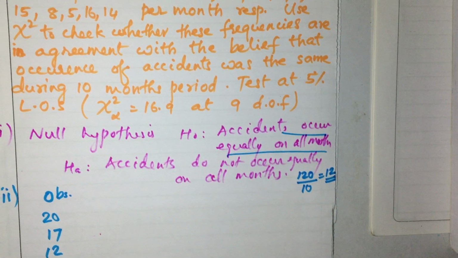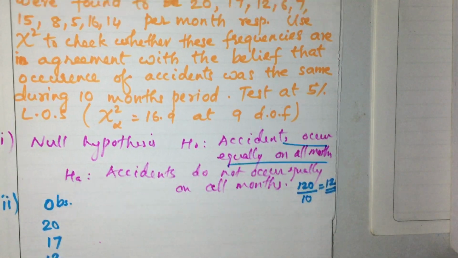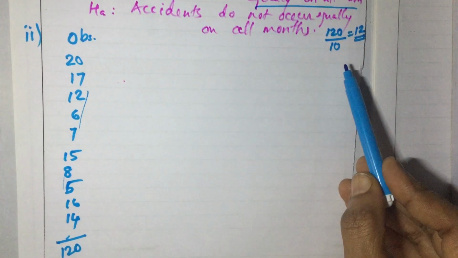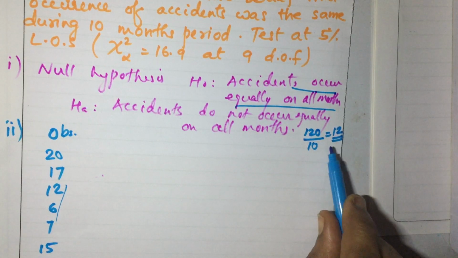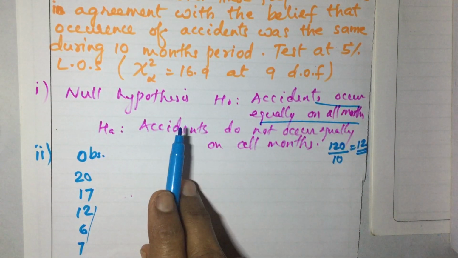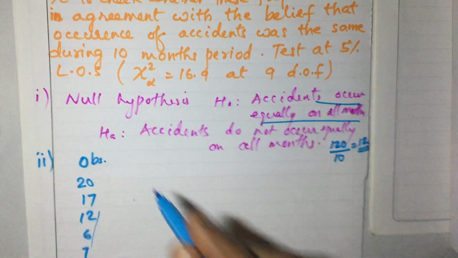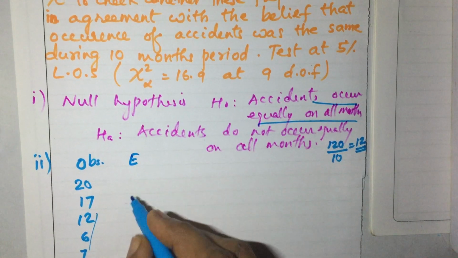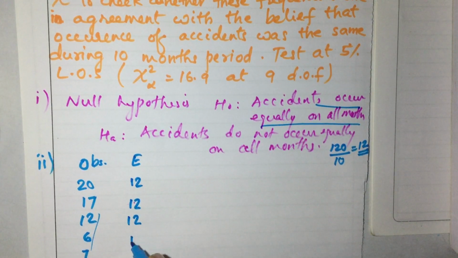On the basis of the hypothesis, the number of accidents per month will be the total divided by 10. So in a month, 12 accidents should happen if this null hypothesis is to be true. So 12 is the expected frequency for each month, everywhere it is 12.